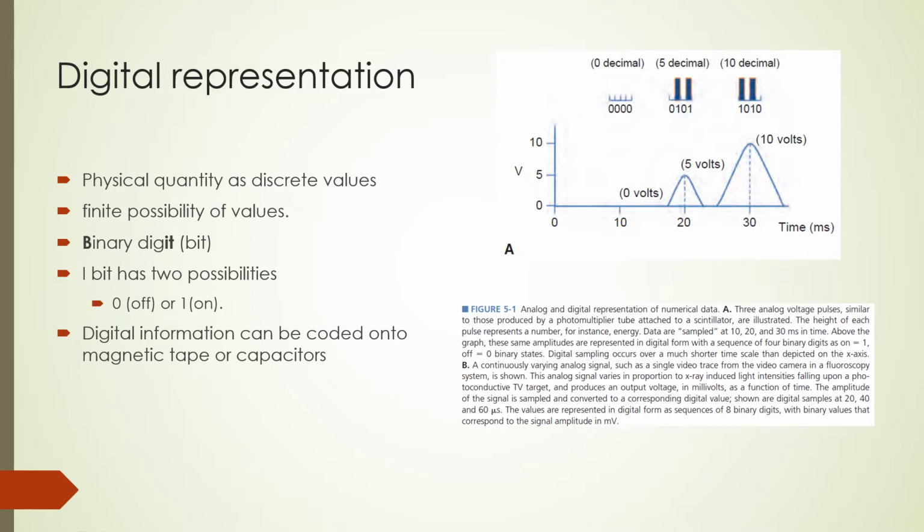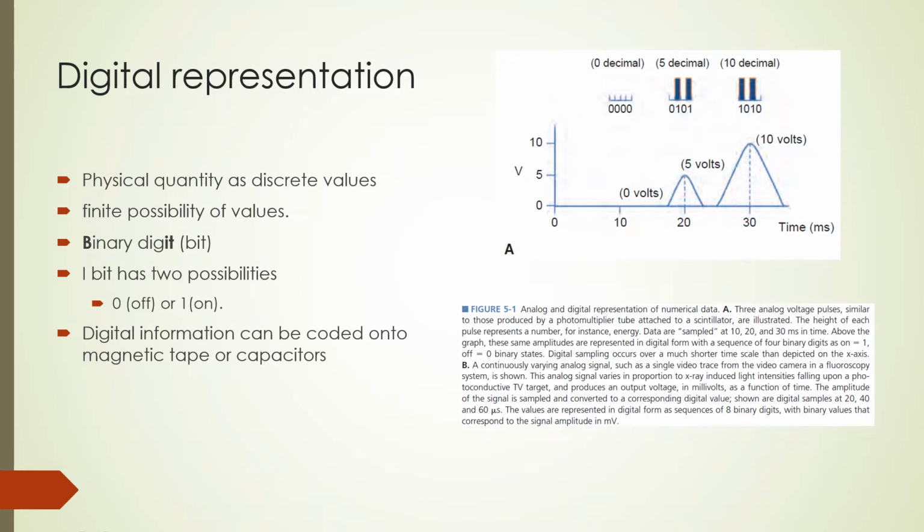One bit has two possible configurations, 0 or 1, or off or on. Digital information represented by binary digits can be encoded into capacitors. For example, if a capacitor is charged to a specific voltage, that is state 1. If the charge is below the specified voltage, that is state 0. So capacitors can be used as solid-state memories.